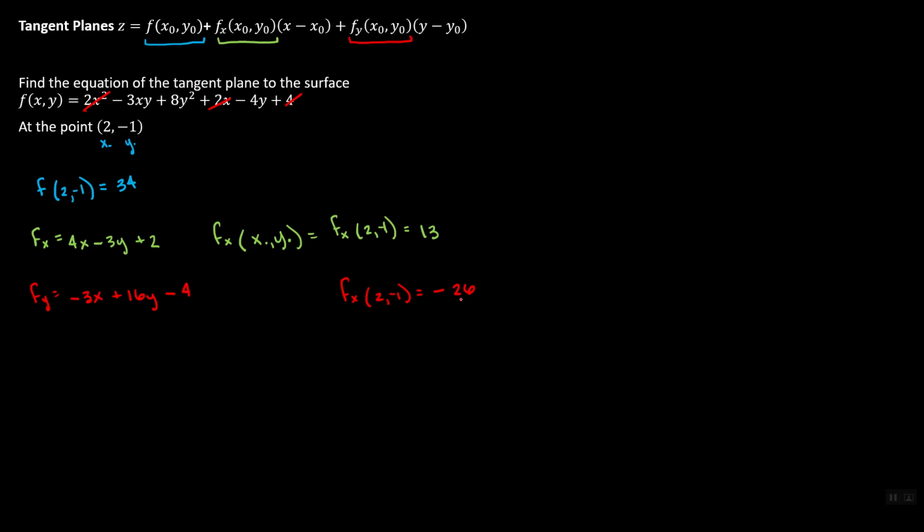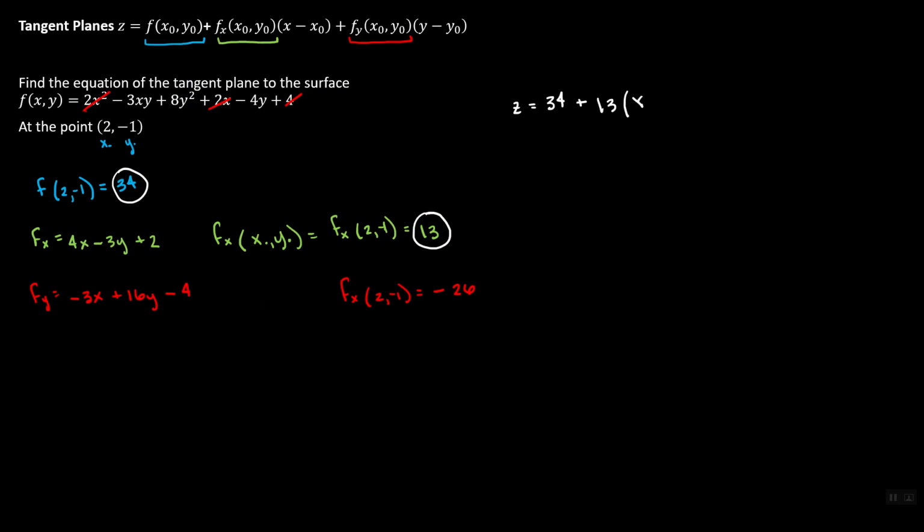Lastly, we can plug all of these values into the equation at the top of the slide. So we'll have z equals f at x0, y0 was 34, plus our partial with respect to x, evaluated at our point, was 13.